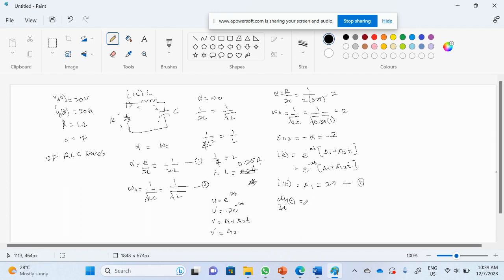So, differentiation akan dapat apa? u v prime, A2 exponential negative 2t, plus v u prime, negative 2 exponential negative 2t (A1 plus A2 t).